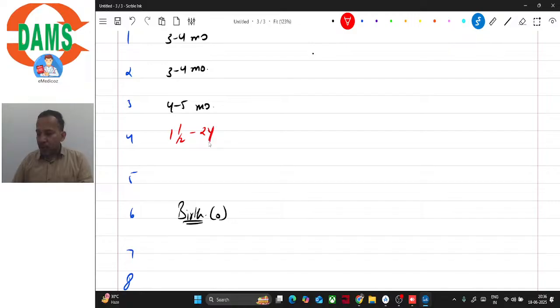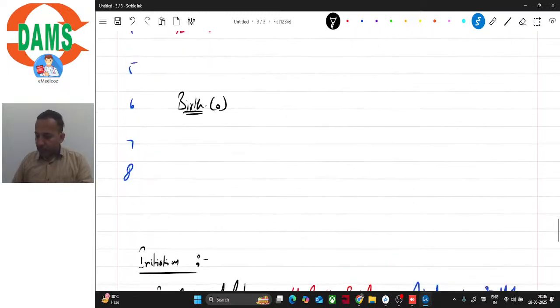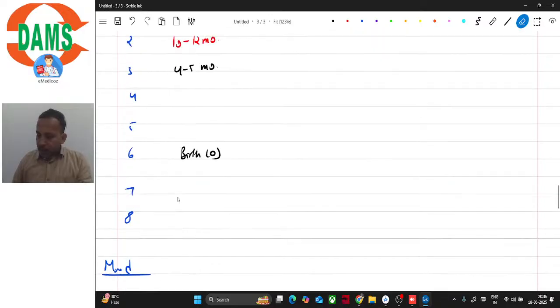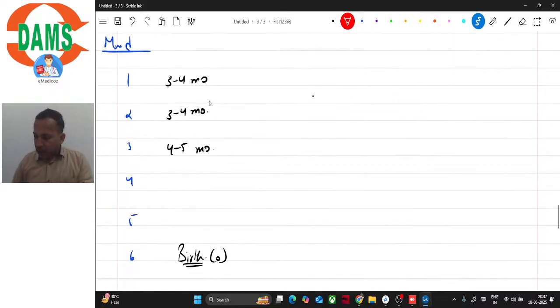The upper first premolar initiates at about 1.5 to 2 years, and the lower first premolar initiates at about 1.25 to 2 years.